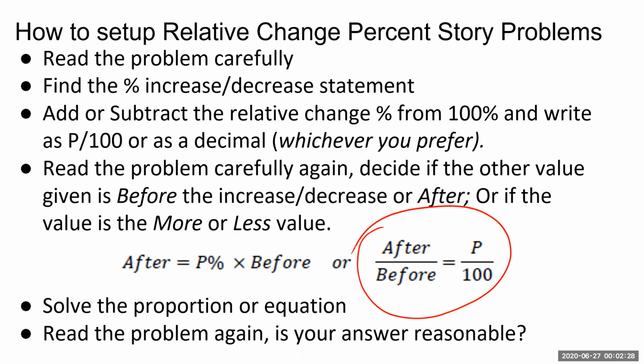We said this was the amount and that was the base. So in this regard, you could as well represent this as the after and before, and then you have the percent over 100. Is that okay? Nice. And we are still working with proportions. So when you have a proportion established, what do you have to do? You cross product and you find your variable, or what you need to find.